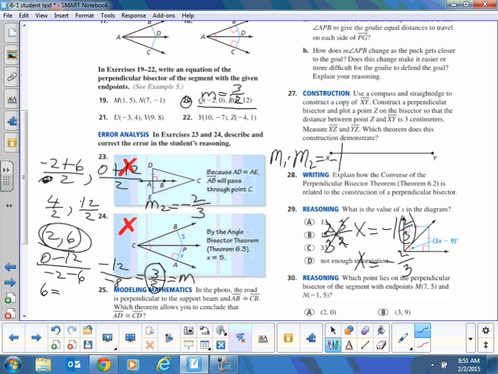So, start me out again. Using this slope right here and this midpoint right here.